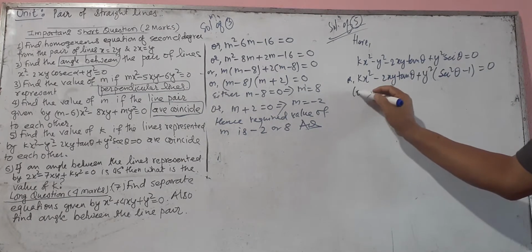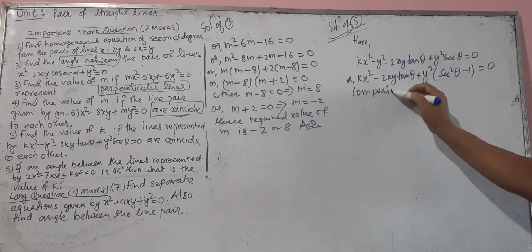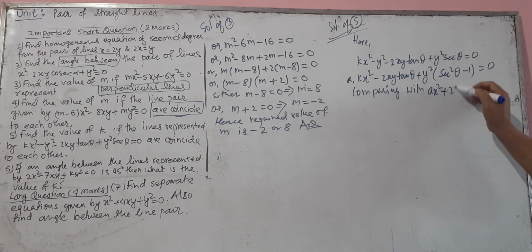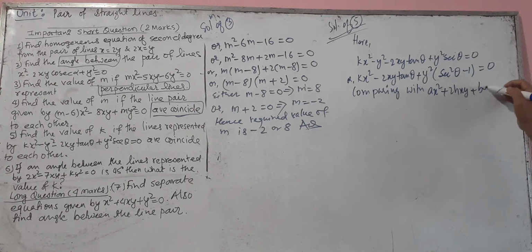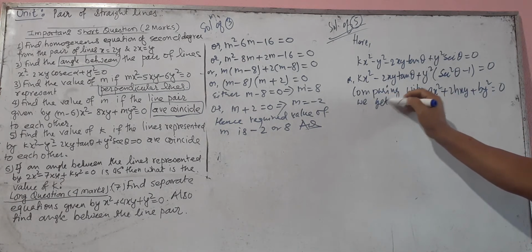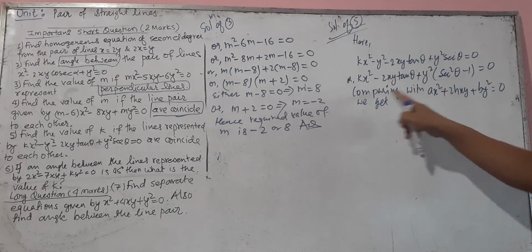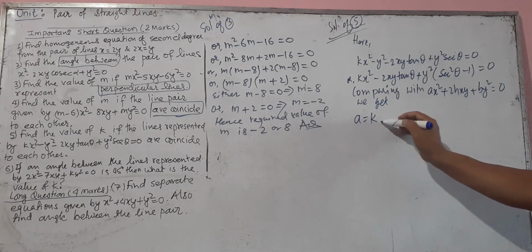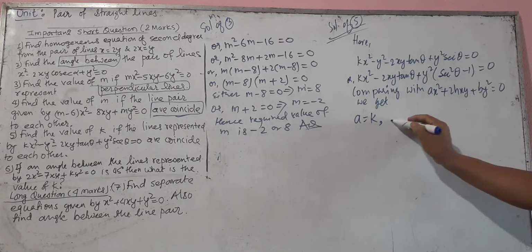So now we compare with ax square plus 2hxy plus by square equal to 0. We get the coefficient of x square, a. Here the coefficient of x square is k. And the coefficient of xy is 2h.